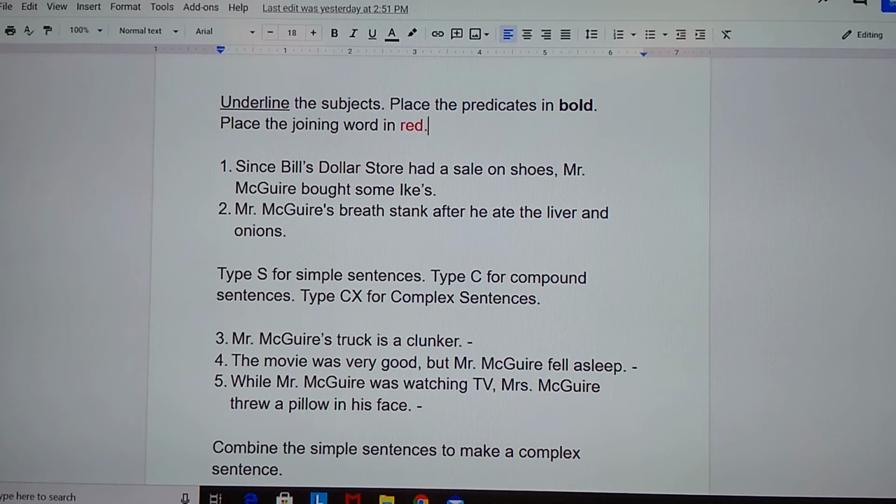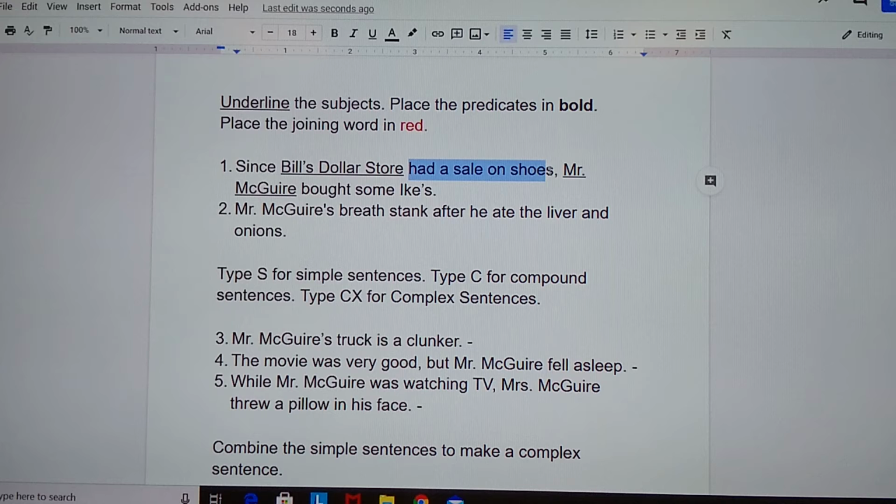What are these subjects? Say it out loud. Good. Bill's dollar store and Mr. McGuire. What are the predicates? Say it out loud. Good.